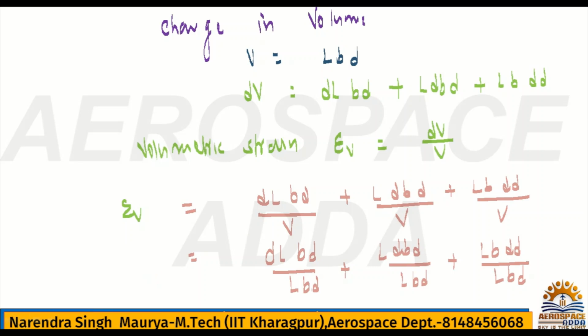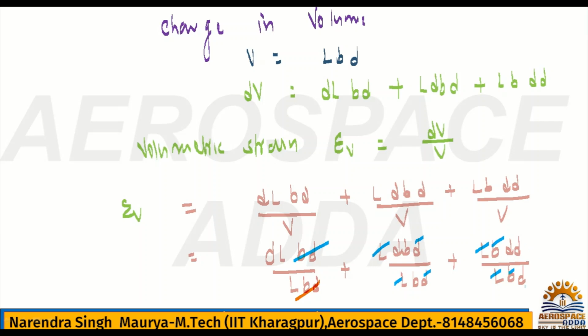Now see, BD cancels out, L cancels out, D cancels out. Similarly here L cancels out, B cancels out.